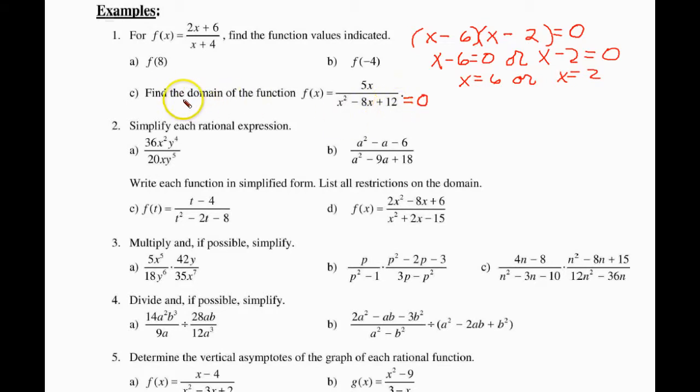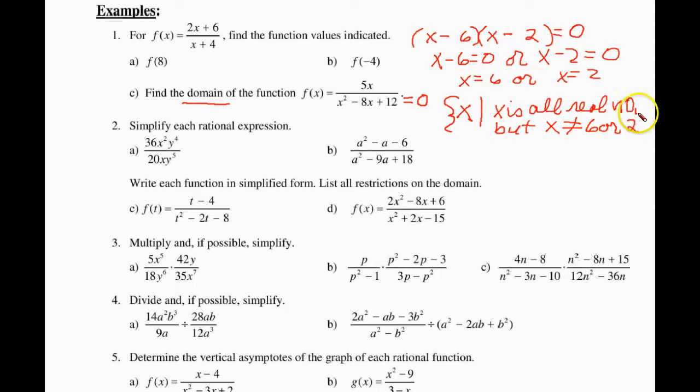So when you are defining the domain, it will read in set builder notation, x is such that x is all real numbers, but x cannot be 6 or 2. These are your qualifiers. Again, domain could be any x value, but cannot be a -6 because that would make this a 0. I'm sorry, a 6 or a 2.